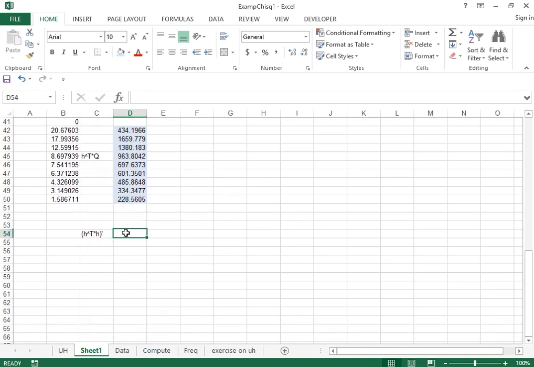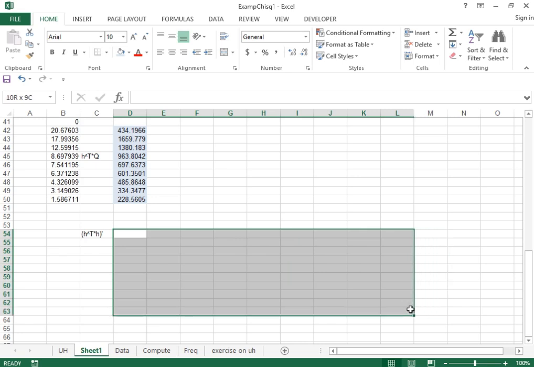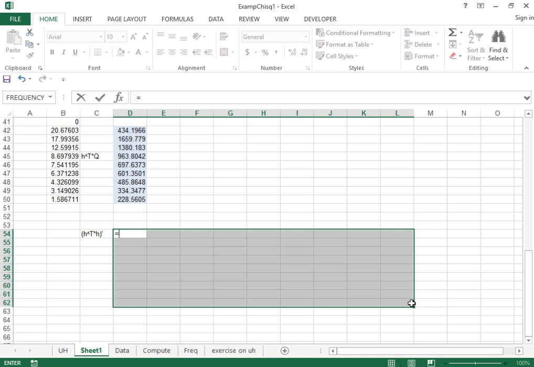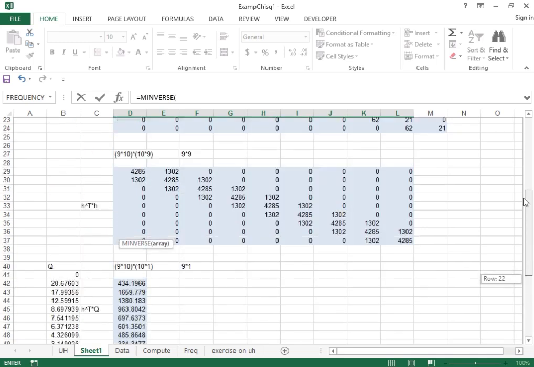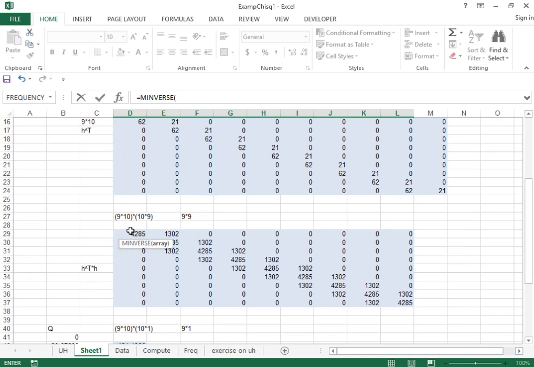So let us select a 9 by 9 matrix here. This one equals, in order to determine the inverse of the matrix, MINVERSE. You have the matrix inverse of this value, this one.